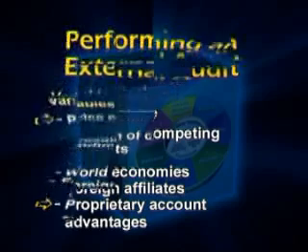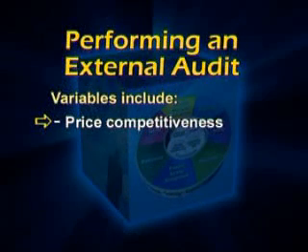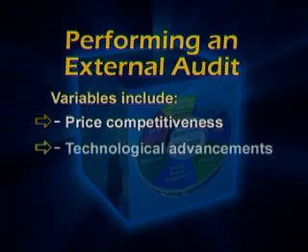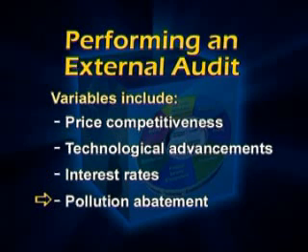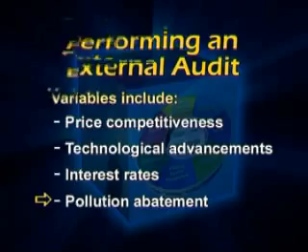And to continue on to the next slide, we see that price competitiveness, technological advancements, interest rates, pollution abatement are some of the variables that can be important in performing an external audit.